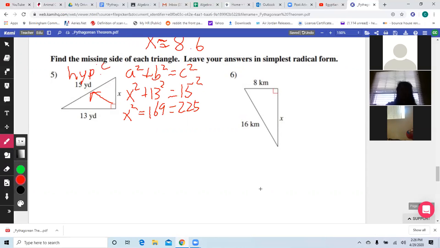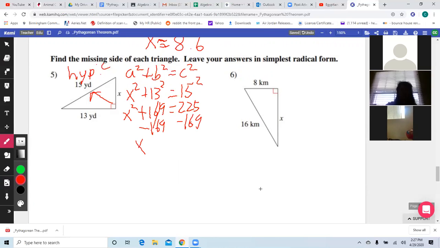And then so now we just need to get everything on one side. Whoops, sorry, this should have been a plus. There we go. So now I'm just going to subtract 169 from both sides. You're solving a normal equation.